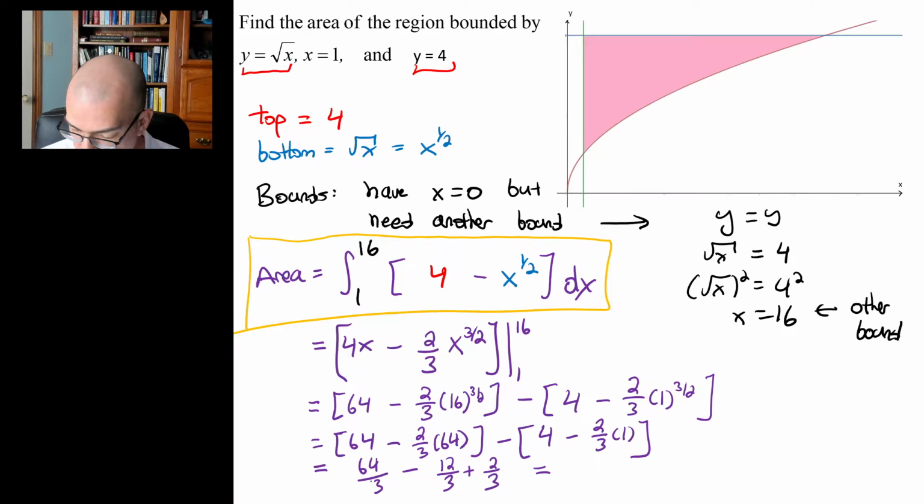So 64, let's see, so 54 over 3, which is 18, I guess. Let me double check that. 18 times 3 is 10 plus 24. Yes, okay. No, 30 plus 24. What am I doing? 18 is 10 plus 8, so 30 plus 24, 54. Okay, yeah, that looks right. So 18 is the final answer that comes out.